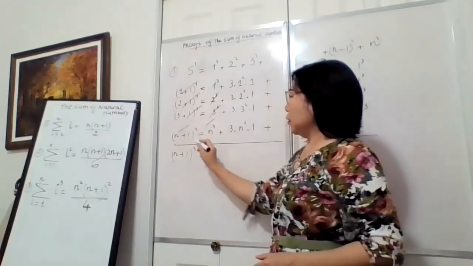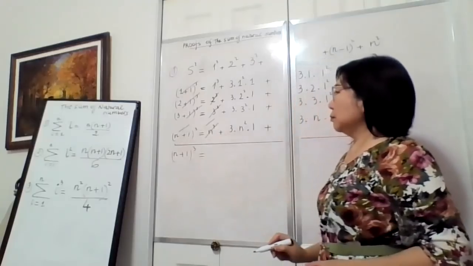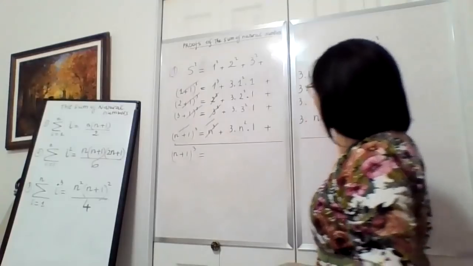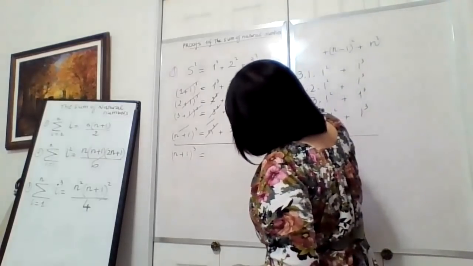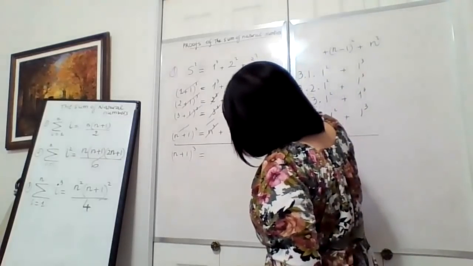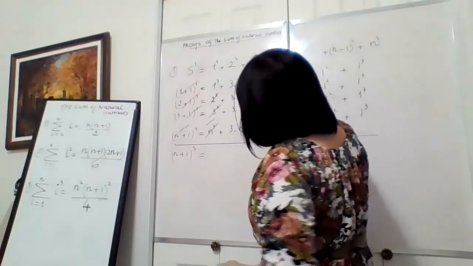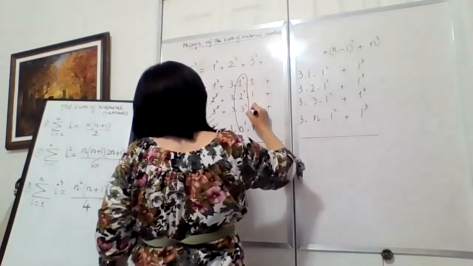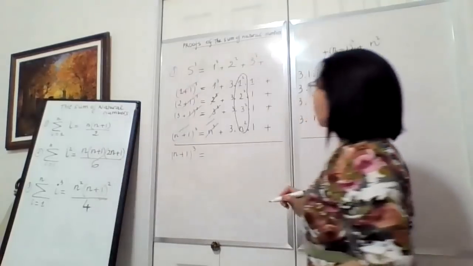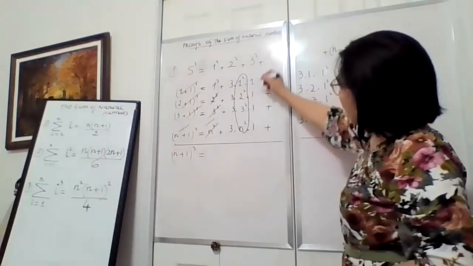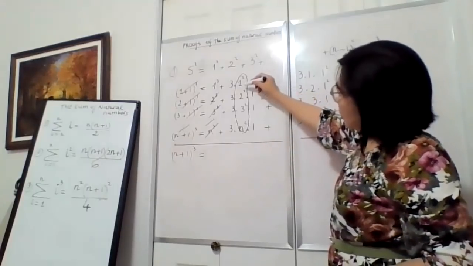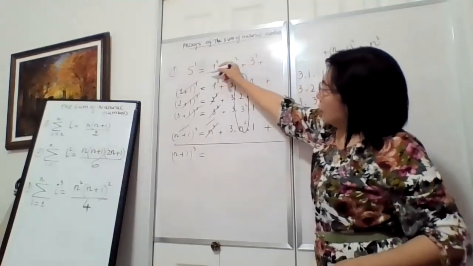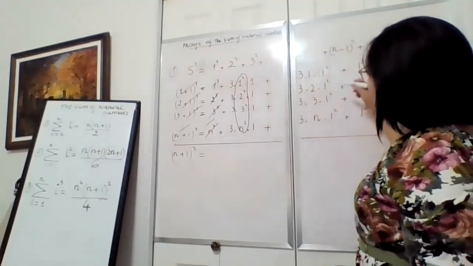Until the one before this and this one as well. Okay? Now let's look at the rest. If I add all of this, the one I circle, now look at the one I circle. I have 1 square, add 2 square, add 3 square, add n square, just like this one pattern, right?